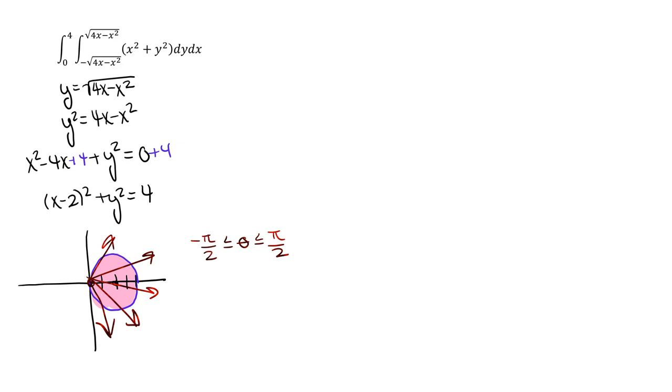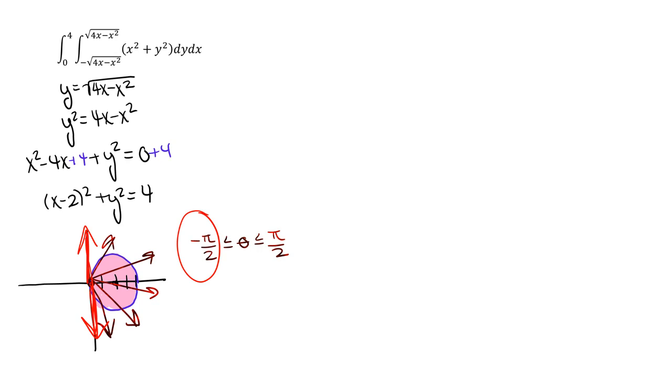So this region, if you think about slicing it up with these rays, I'm going to start my slices down here, which is technically negative pi over 2. And then I'm going to stop my slices at positive pi over 2. So my thetas are going to go from negative 90 degrees to positive 90 degrees, although, of course, I write that in radians.